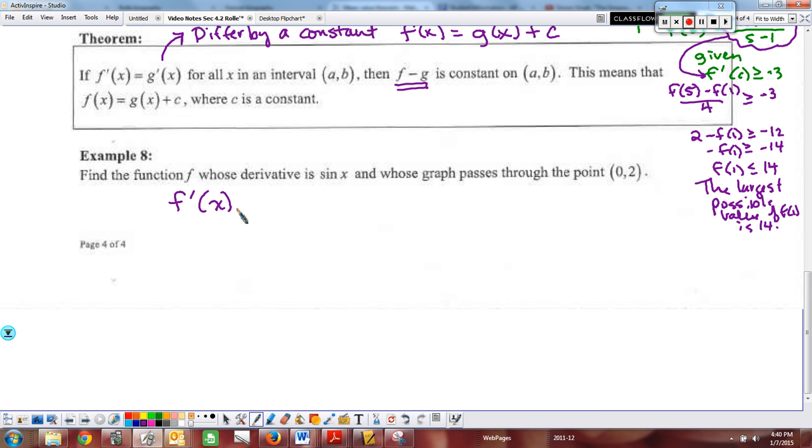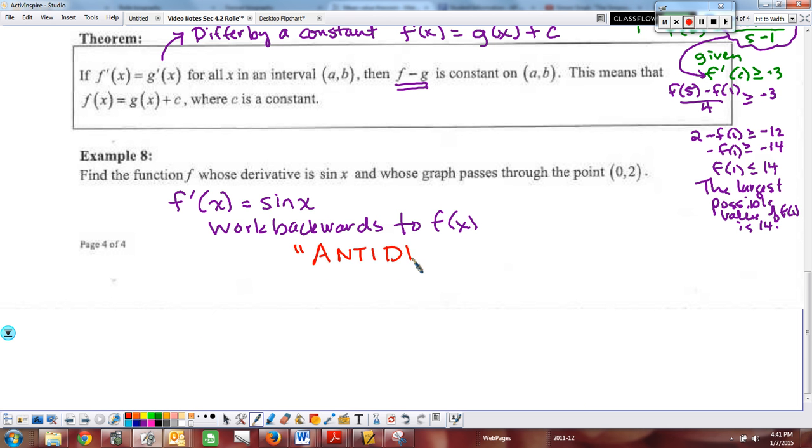We know the derivative is sine of x, so in this process we're going to have to work backwards to f of x. This process that we're going to do in the next chapter is called anti-differentiation. So this is a preview of coming attractions.